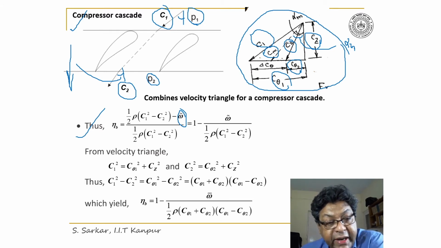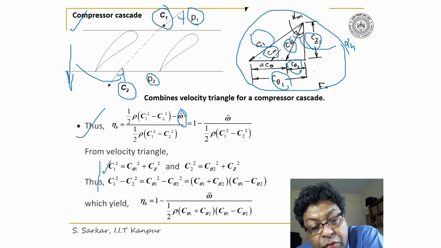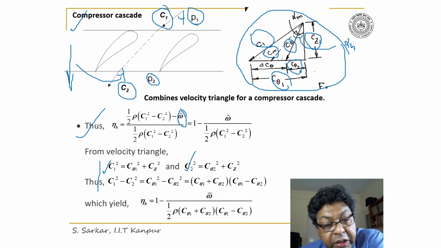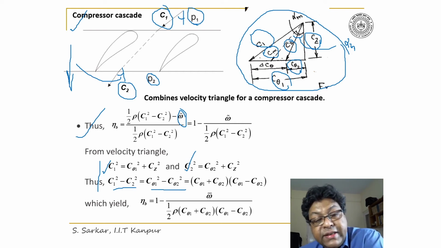Now from the velocity triangle I can write C1 square is equal to C theta 1 square plus Cz square, and so also C2 square. And thus if I do C1 square minus C2 square, I'll get C theta 1 square minus C theta 2 square. And thus it would be C theta 1 plus C theta 2 multiplied by C theta 1 minus C theta 2.